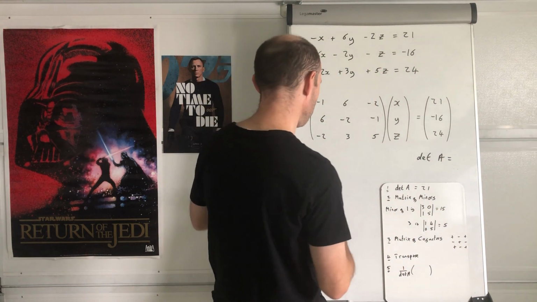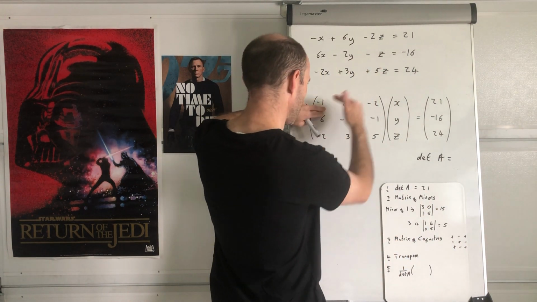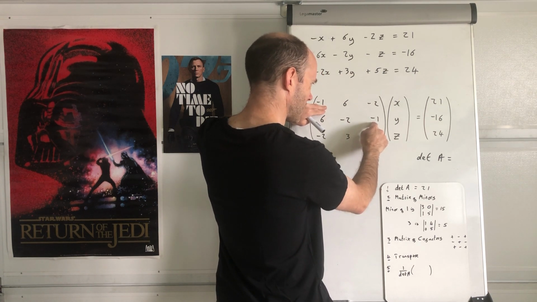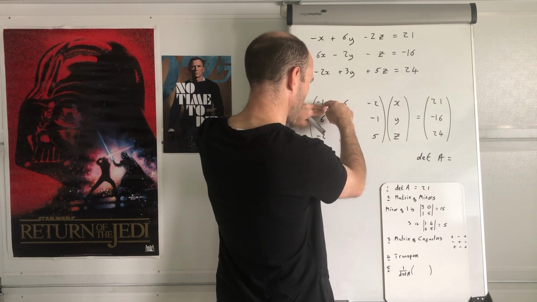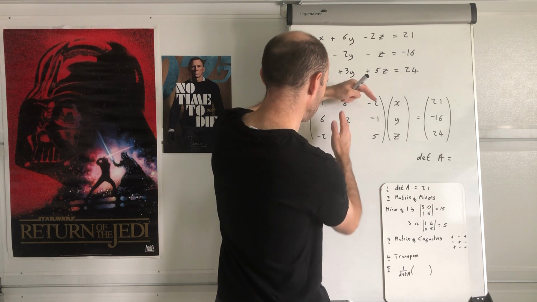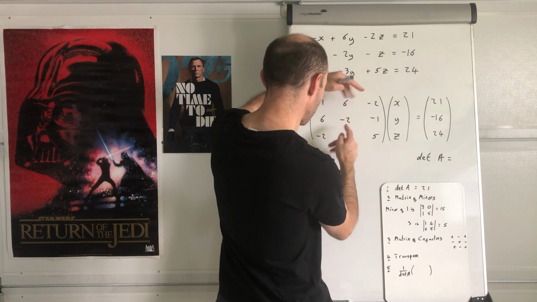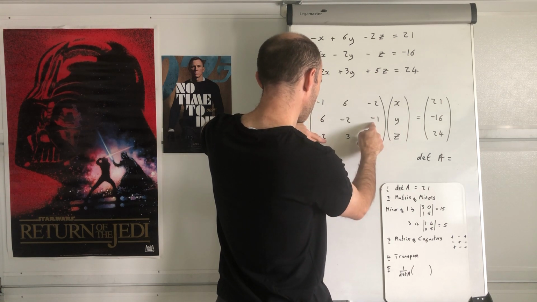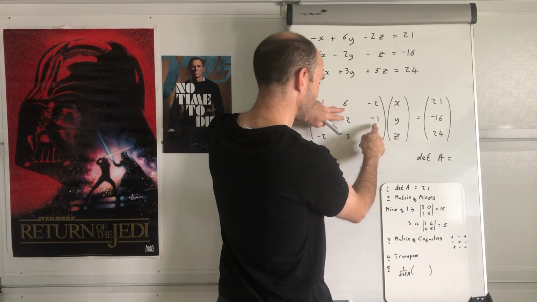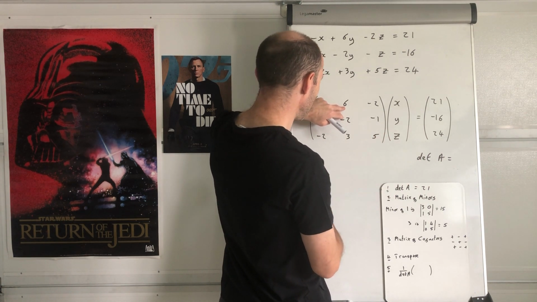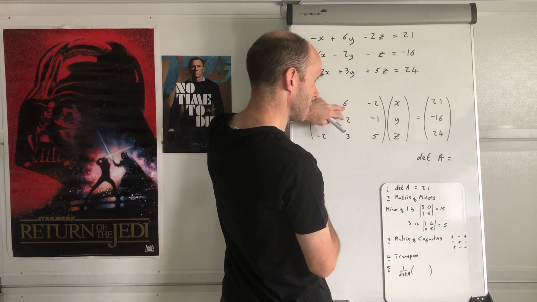So the term is going to be -10 plus 3, so -7, times -1, so it's 7. Then that's going to be 30, subtract 28 times 6. 28 times 6, crikey. 120 plus 48, 168.